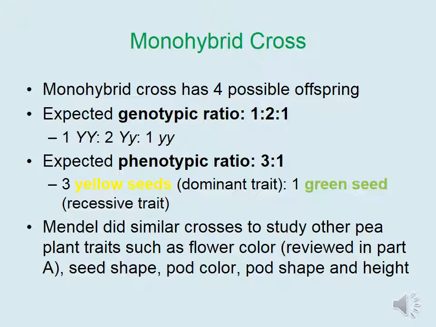The expected phenotypic ratio is 3 to 1, corresponding with 3 of the 4 offspring having yellow seeds, which is the dominant trait, and 1 of the 4 offspring having green seeds, which is the recessive trait. Mendel did similar crosses to study other pea plant traits as well, such as flower color, which we reviewed in Part A of this lecture, seed shape, pod color, pod shape, and height.